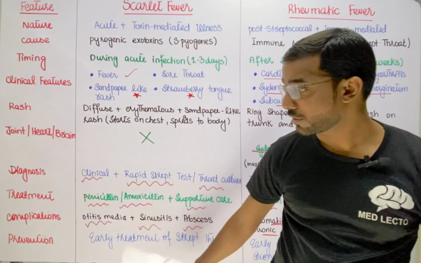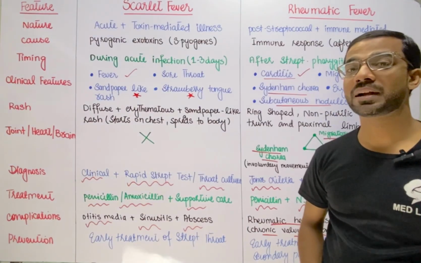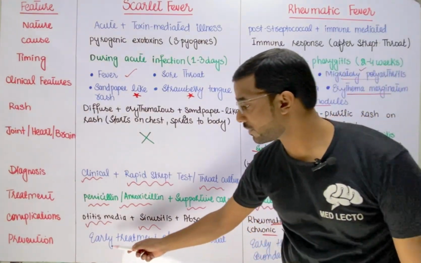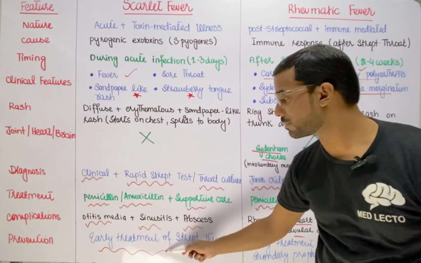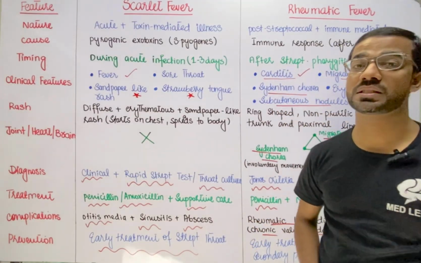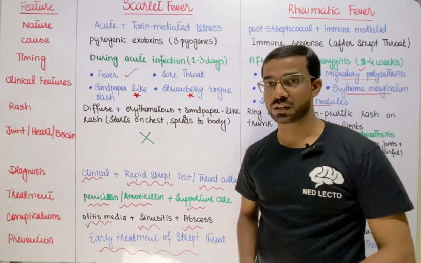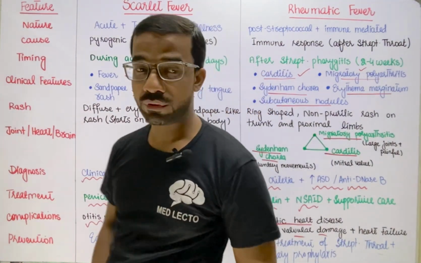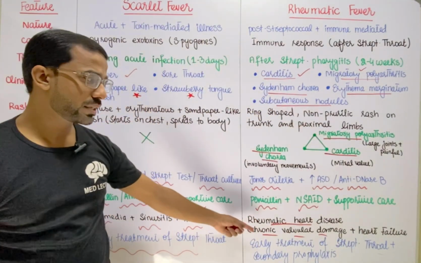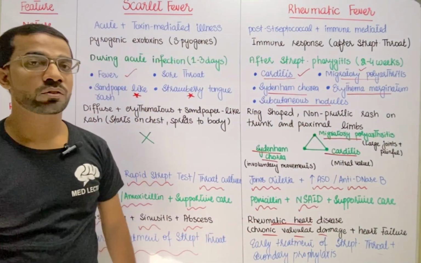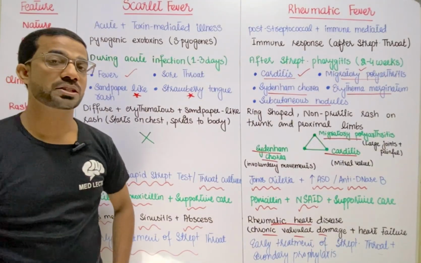And finally, prevention: how can you prevent the patient from scarlet fever? The preventive measure is early treatment of the strep infection. Along with early treatment, you will also give prophylaxis in the case of rheumatic fever.